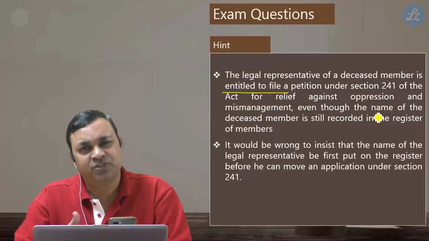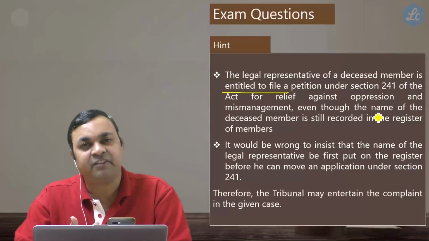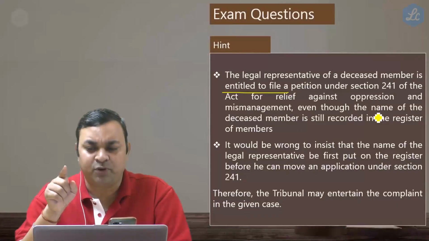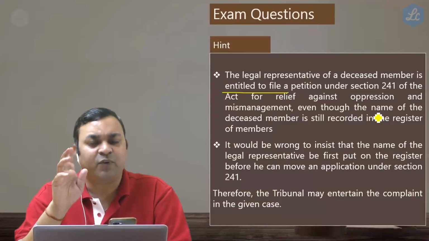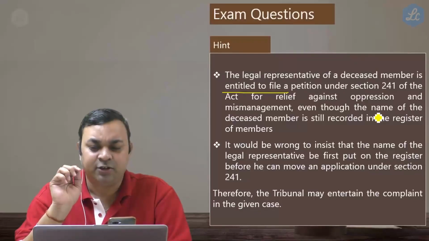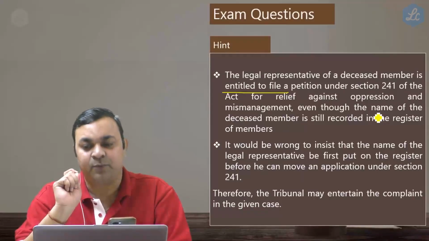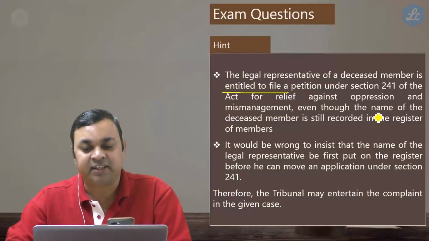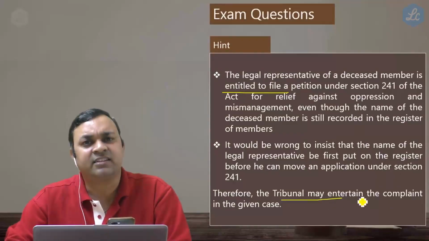If he approaches the court, then the court will provide a favorable decision. So that's why they have mentioned it would be wrong to insist that the name of the LR should be put first on the register before he can make an application under section 241. Therefore, the tribunal may entertain the complaint in the given case, right? So this is the answer of this question.